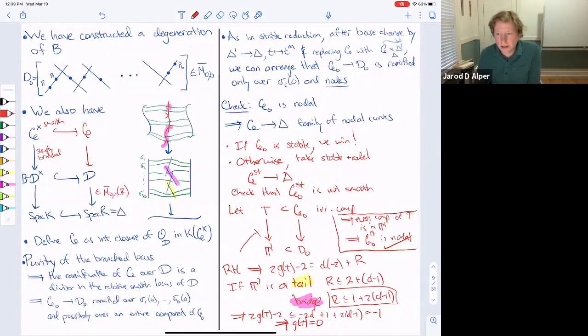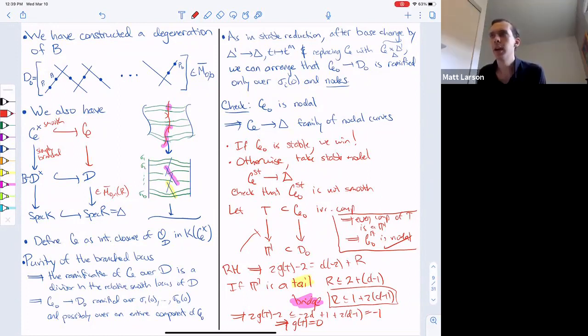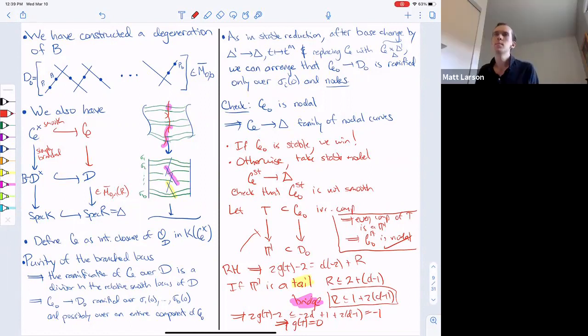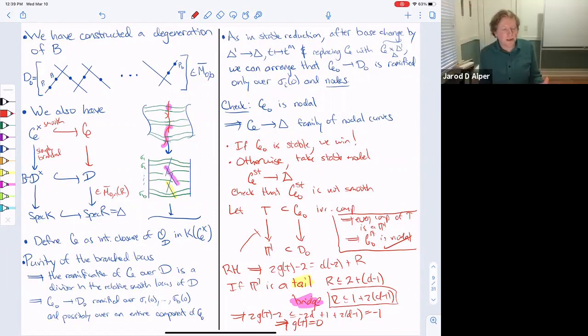Any questions on this? Are you using that M0,B bar is connected to find this degeneration? Yes. I'm using the understanding of the boundary of M0,B bar, and the fact that the analogous question of degenerating to a singular stable curve there is much easier because everything's on P1.